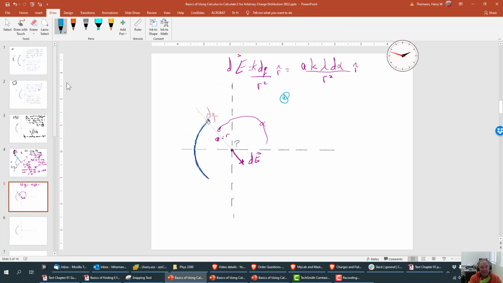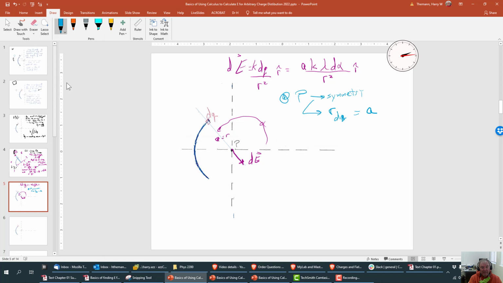At point P, we have a symmetry, and that symmetry is that r for all of our dq's, or little q's, is always equal to a. So this is a lucky thing.